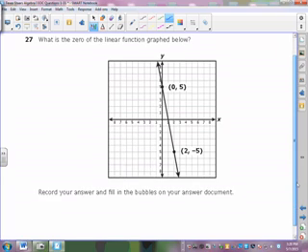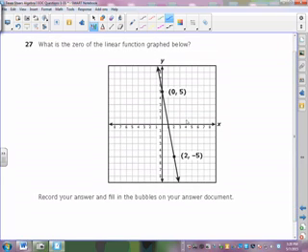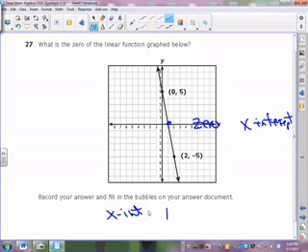Okay, they want the 0. Remember, 0 is the same thing as x-intercept. And so the x-intercept here is 1. So the x-intercept, or the 0, is 1.